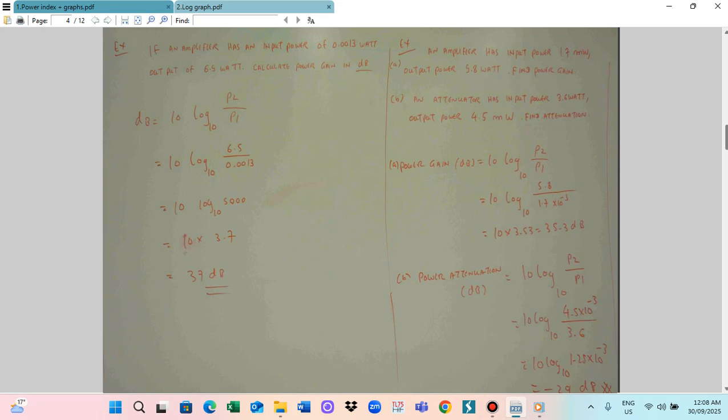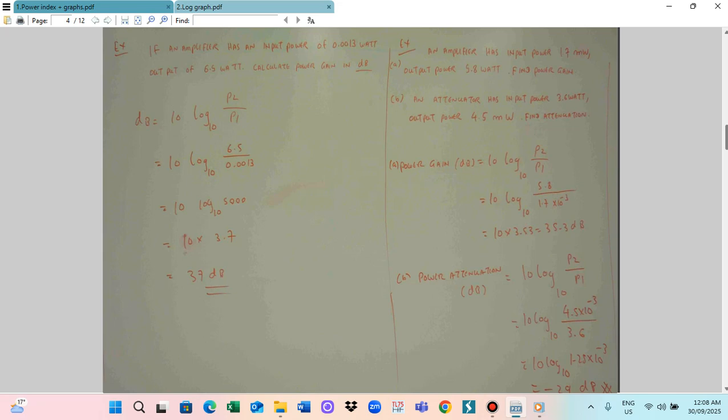First we calculate the power gain. Power gain in dB is 10 log 10 P2 by P1. You can calculate the power gain with this formula. So we use 10 log 10, where the output P2 is 5.8 and the input power is 1.7 milliwatt, which is 1.7 times 10 power minus 3.